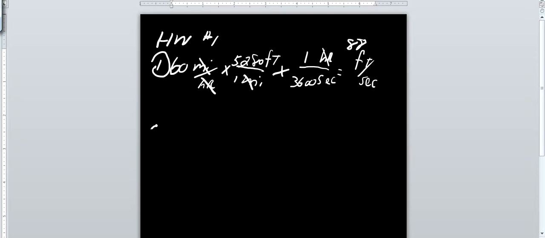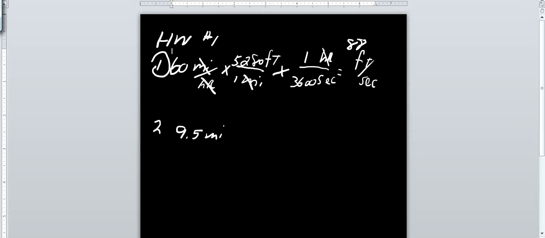Now for question number 2. It says, if the distance from Canyon Country campus to the Valencia campus is 9.5 miles, how many meters is this?